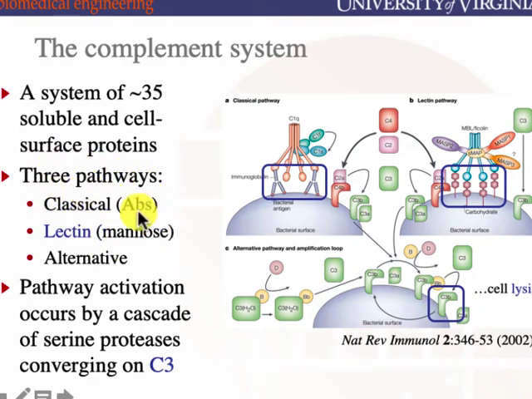So the first is that of the classical pathway. It's called classical because it's the one that was discovered first, and it's going to utilize your own antibody response. We've not talked about antibody responses regarding immunity, but they're a part of our acquired immune system. So this is one of the points where we have a convergence or an intersection of innate immunity with an acquired immune response, okay?